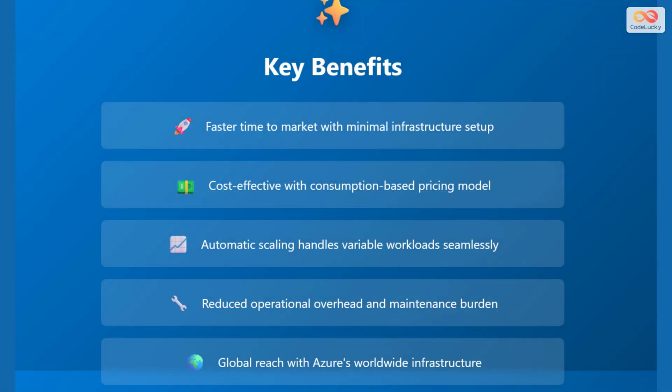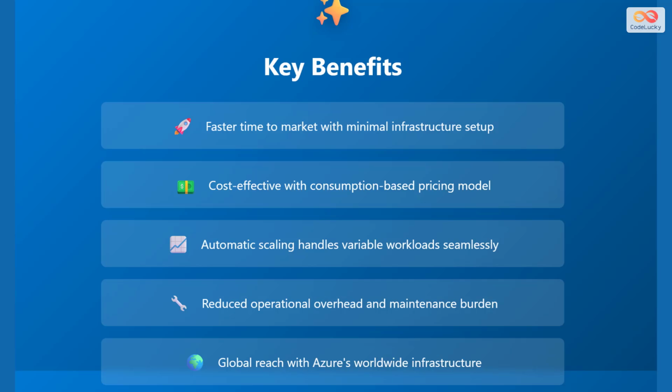Azure Functions delivers significant benefits for modern application development. It provides faster time to market with minimal infrastructure setup, letting you deploy applications in minutes rather than days. It's cost-effective with a consumption-based pricing model where you only pay for what you use. Automatic scaling handles variable workloads seamlessly, ensuring your application performs well whether you have 10 users or 10,000.